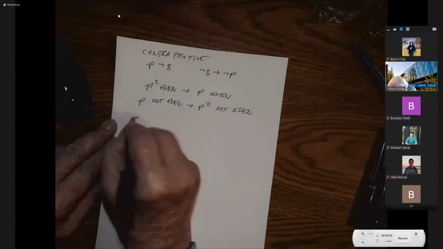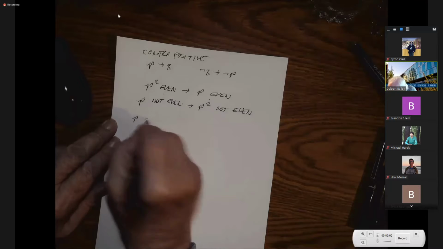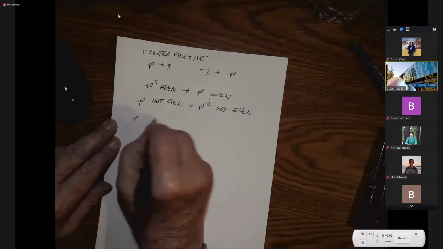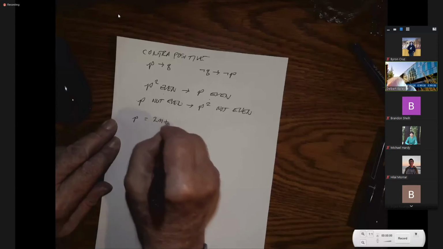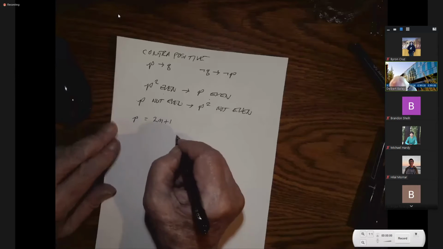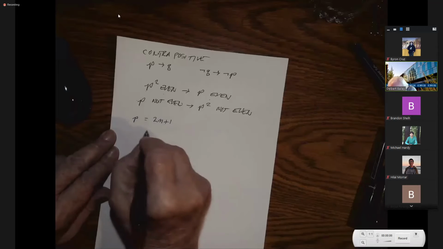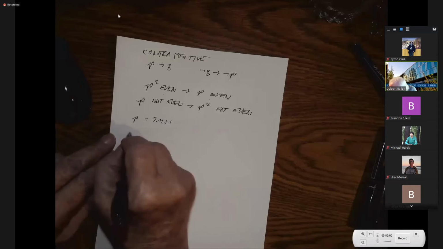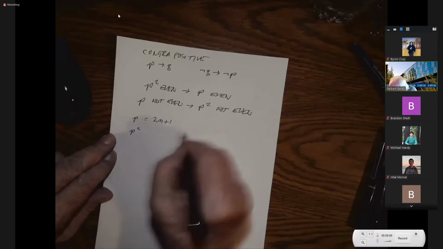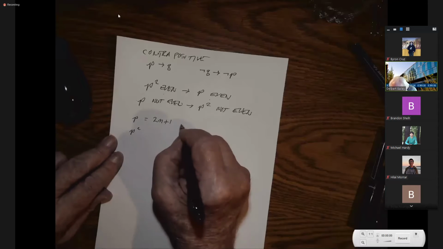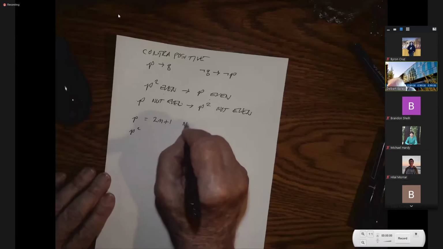So what we've got is p is, let's say, 2n plus 1. It's an odd number for some n. So this is not even, right?